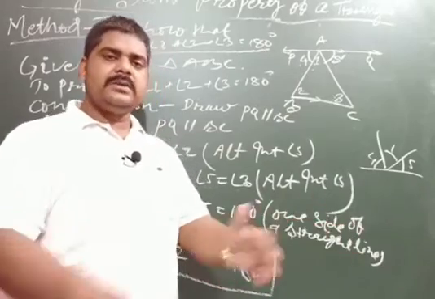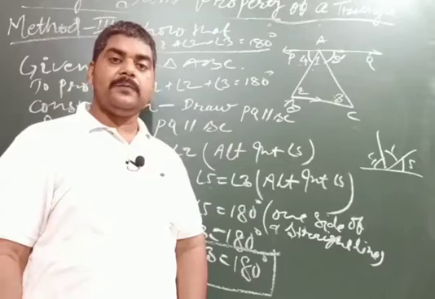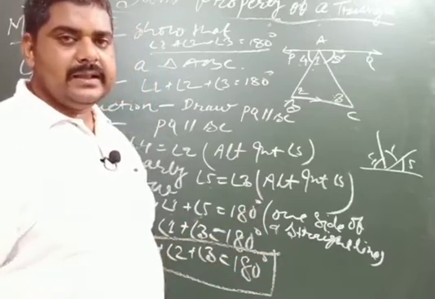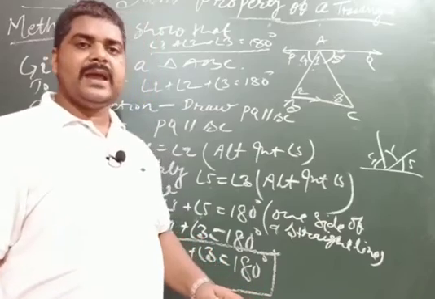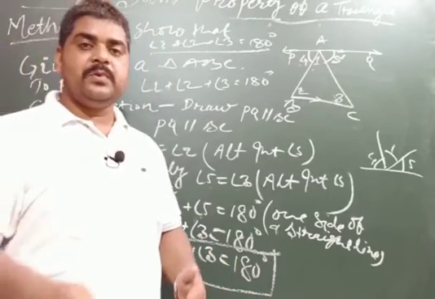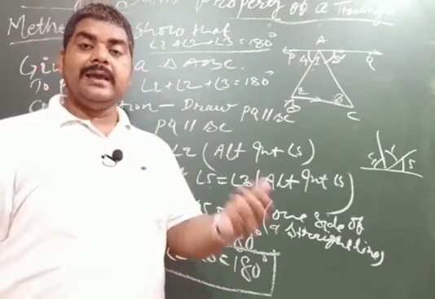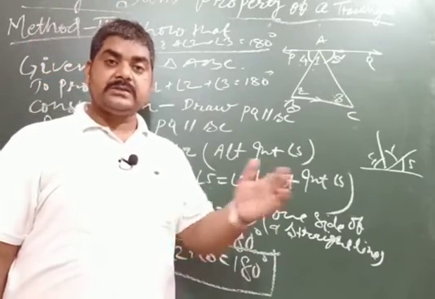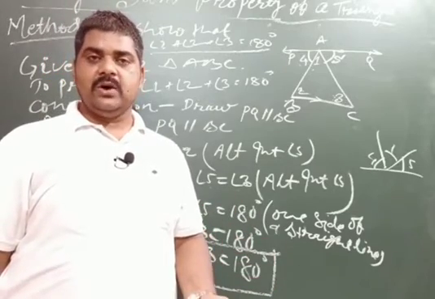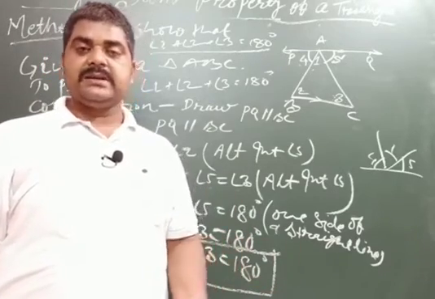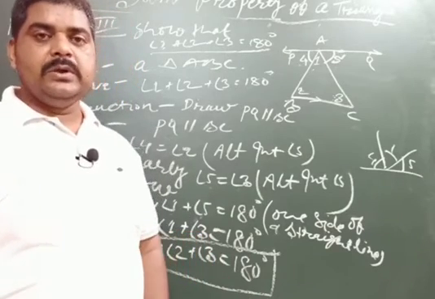So by all three methods you can prove that the sum of all angles of a triangle is equal to 180 degrees. The first two methods you can also utilize for a quadrilateral or other polygons, while this method can be applied to quadrilaterals and some other polygons also.